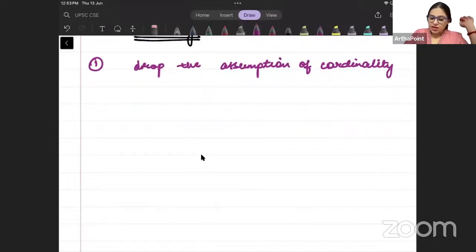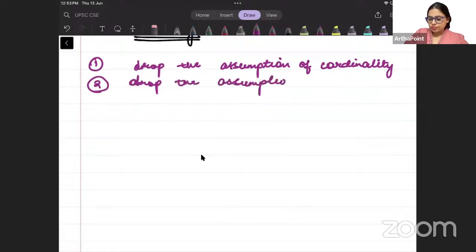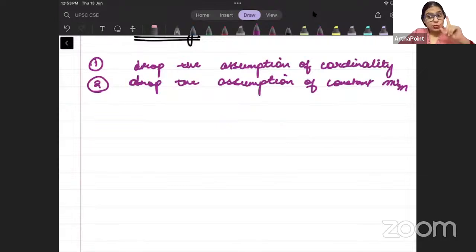Secondly, we are now able to drop the assumption of constant MUM. We said that our marginal utility of money is assumed to be constant while doing the cardinal approach. And that itself is a very big issue, right?